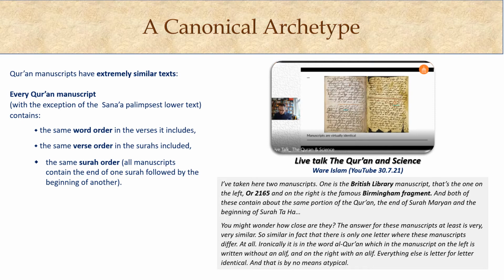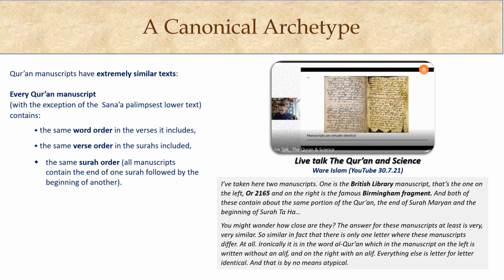I have taken here 2 manuscripts. One is a British Library manuscript, that's the one on the left, OR 2165, and on the right is a famous Birmingham fragment. And both of these contain about the same portion of the Qur'an, the end of Surah Maryam and the beginning of Surah Taha. You might wonder, how close are they?